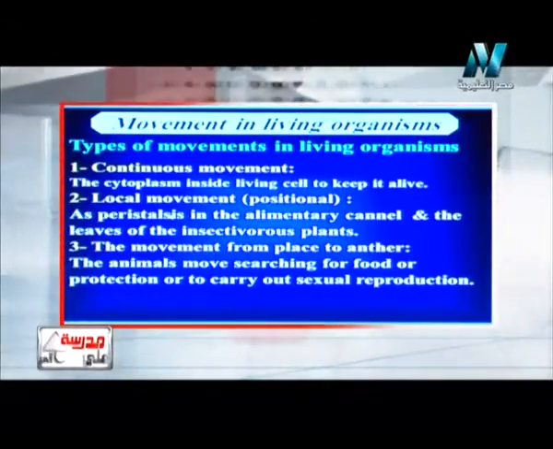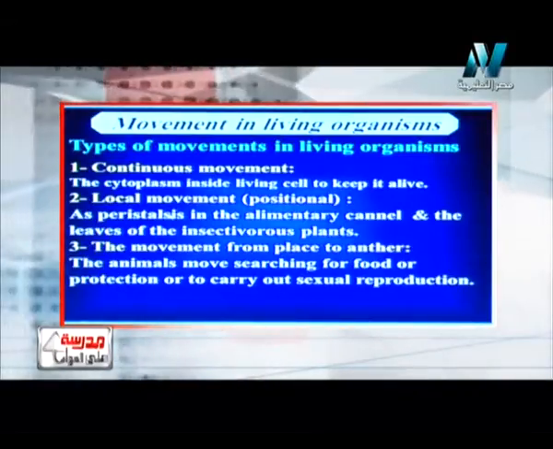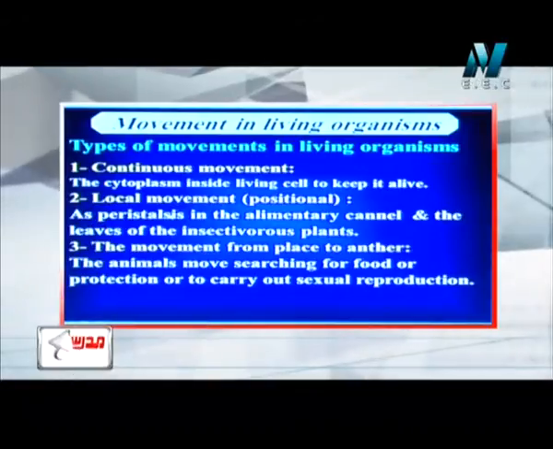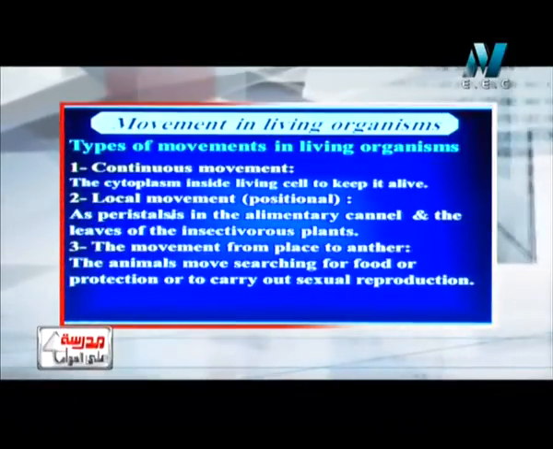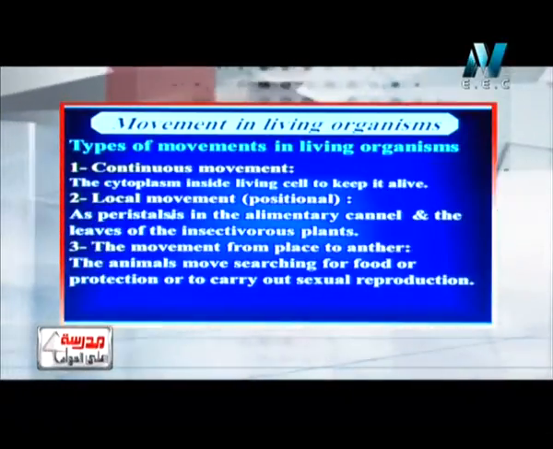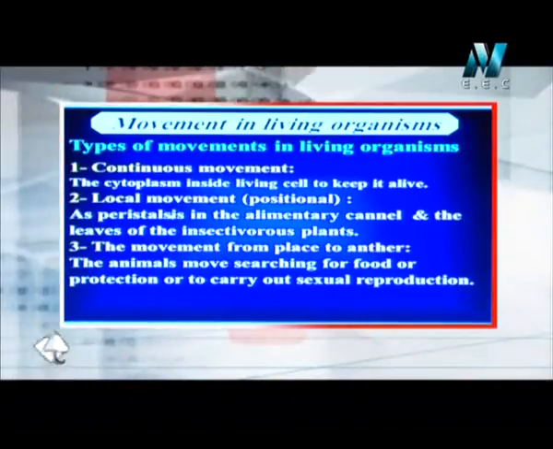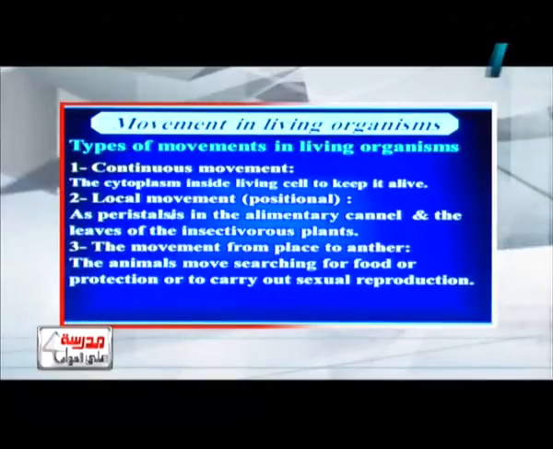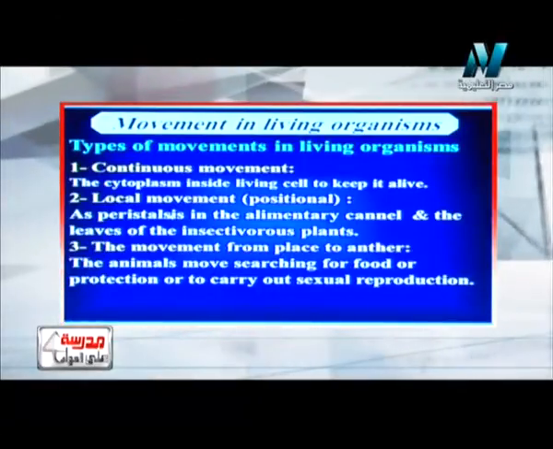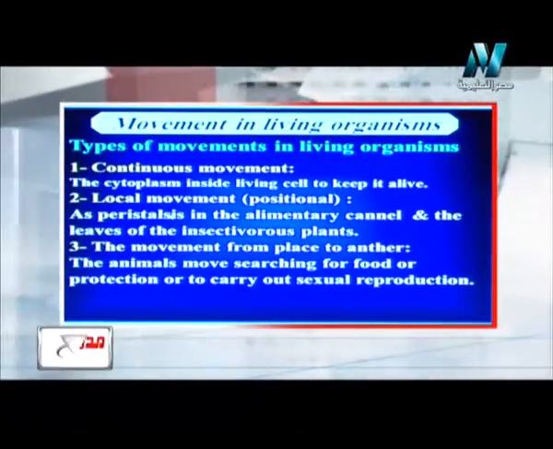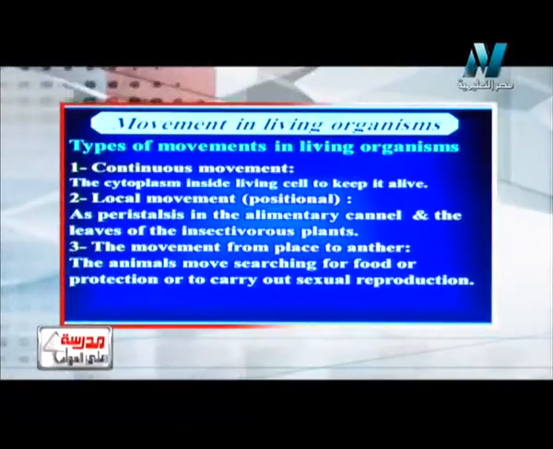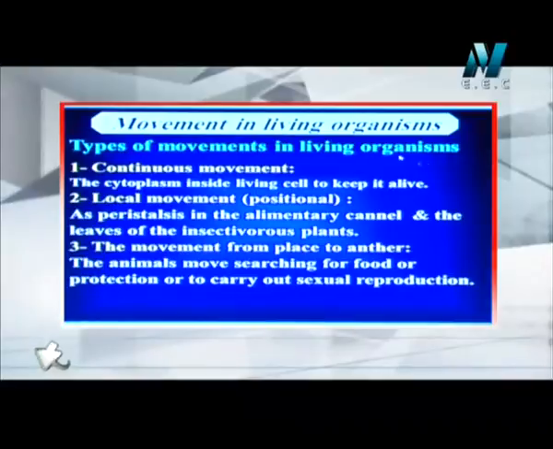And movement from place to another: animals move from place to place searching for food, protection, and to carry out sexual reproduction. So in general, the types of movement in living organisms are three: continuous movement, local or positional movement, and movement from place to another. That's the main three types of movement.